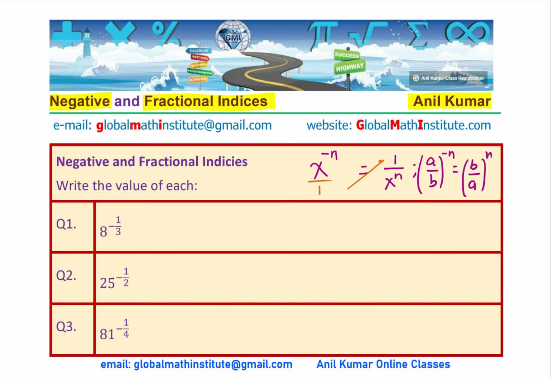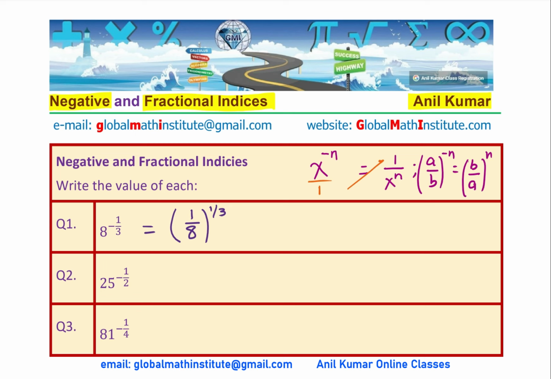So the first step here is to rewrite 8 to the power of minus 1 over 3 as 1 over 8 to the power of 1 over 3. You get the idea: cube root of 1/8. Negative means flip.